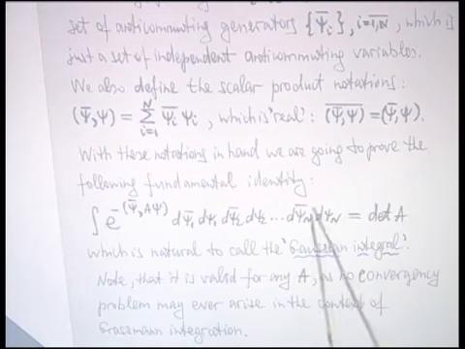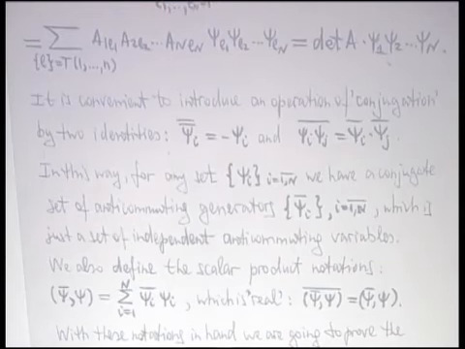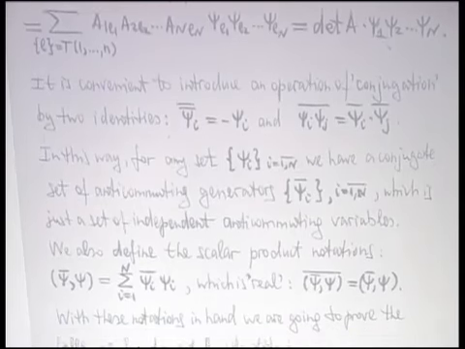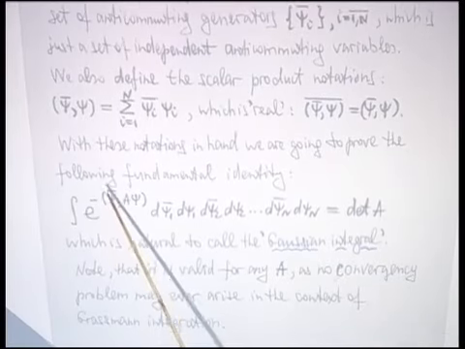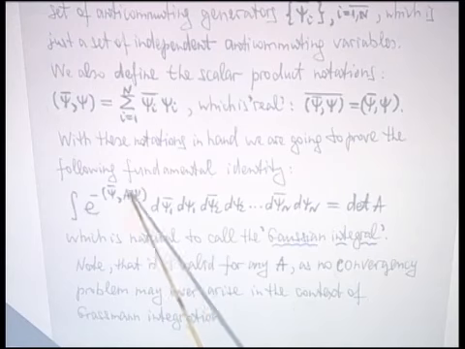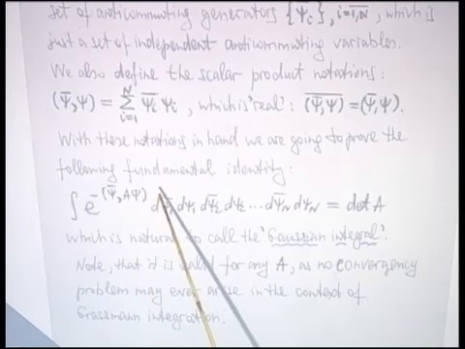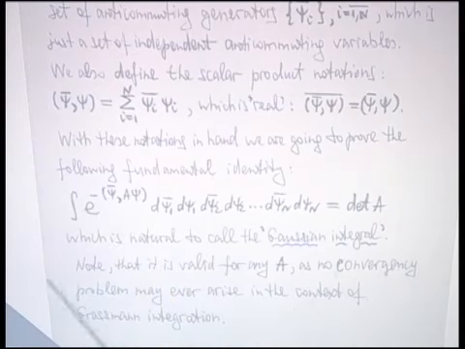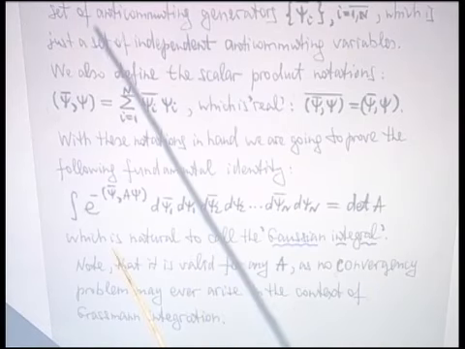Basically, as a direct consequence of this relation, we are going to demonstrate, and in fact it was also demonstrated by David, so I won't do a lot of work here, that an integral of the exponential of minus this psi bar times the scalar product defined in this way, which is practically a quadratic form with respect to these Grassmann variables, gives you a determinant.